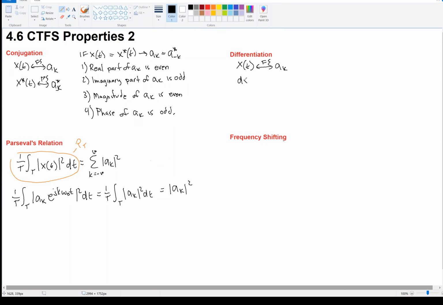Then we might be interested in what are the Fourier series coefficients of the derivative of x of t. It turns out that you take the original Fourier series coefficients and you multiply them by jk omega 0. Now I'm not going to prove these things.